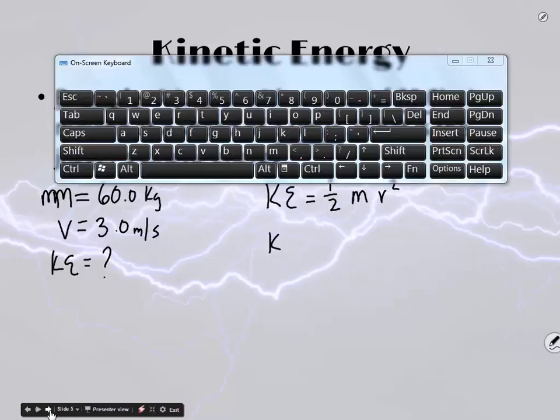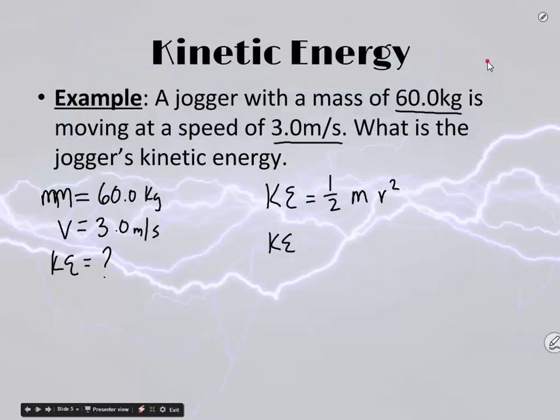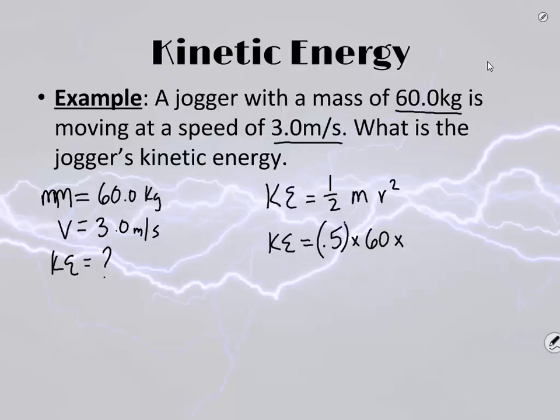So I'm going to plug in my numbers. Instead of writing 1/2, I'm going to write what I would plug into my calculator. I'm going to plug in 0.5, times my mass, which is 60, times 3 squared. I'm only squaring the 3. I'm going to plug that into my calculator to get an answer.